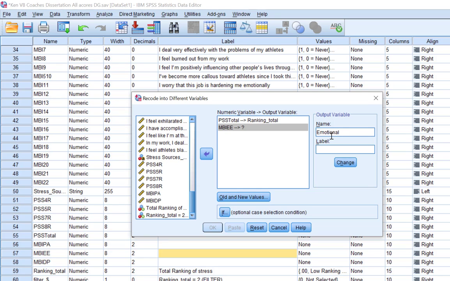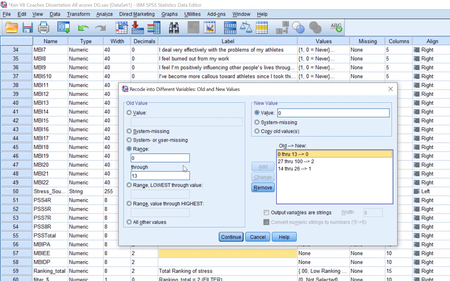And low is less than 16. Okay, so 0 to 16. Yep. Okay, what's the middle? It is 17 to 26. And high is 27 or more. Right.